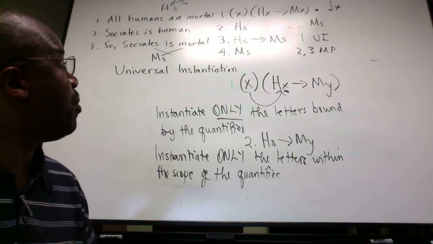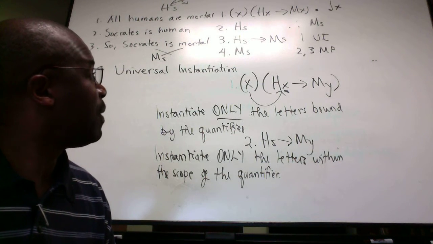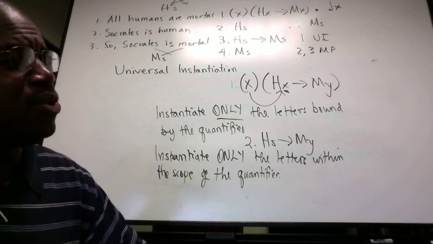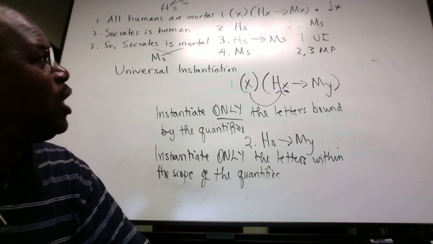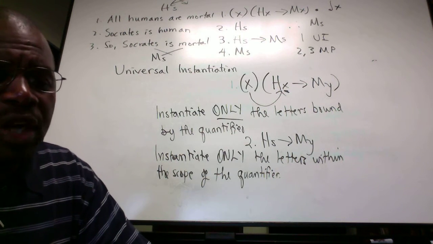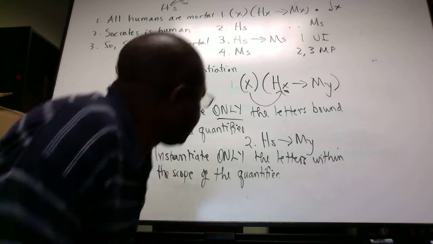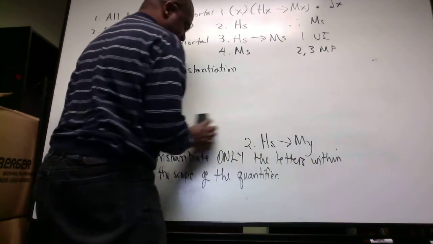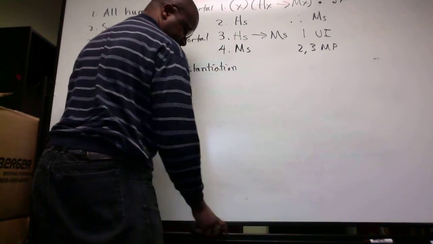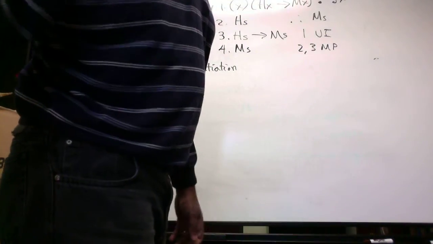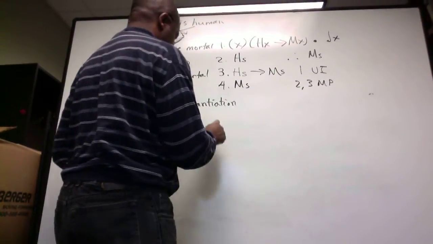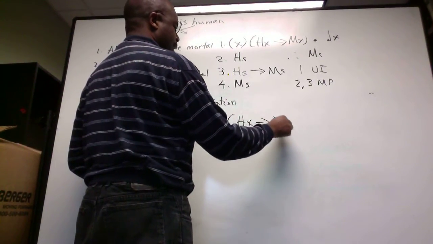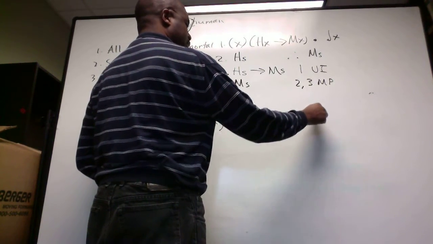And then the final important one here is to do universal instantiation on a whole line, not on a part of a line. For example, suppose I had, for all x, hx arrow mx dot jx.